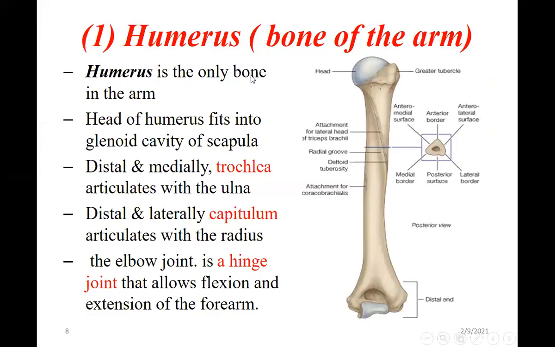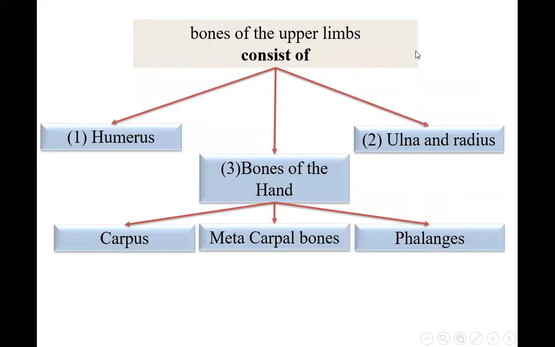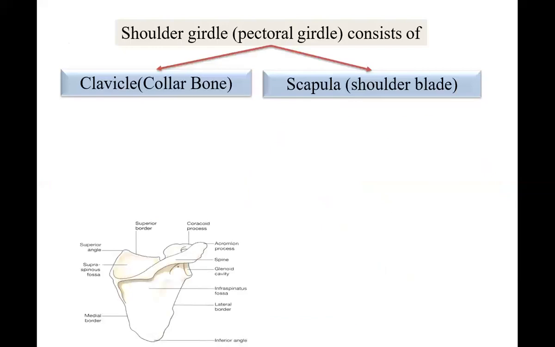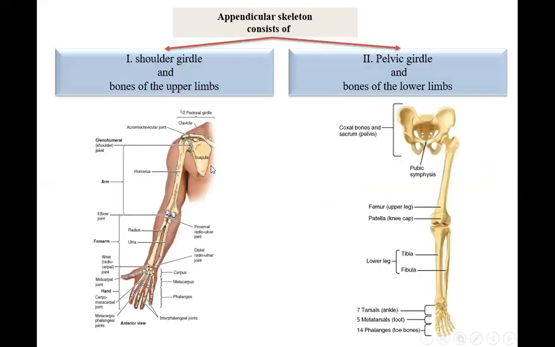The first and the most important bone, the largest, thickest bone in the upper limb, is the humerus. This is the humerus, the bone of the arm. If you see this picture, this is where it is present. So we are talking about this bone. Then we'll go to the forearm.